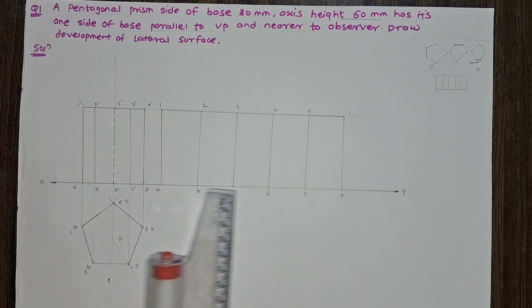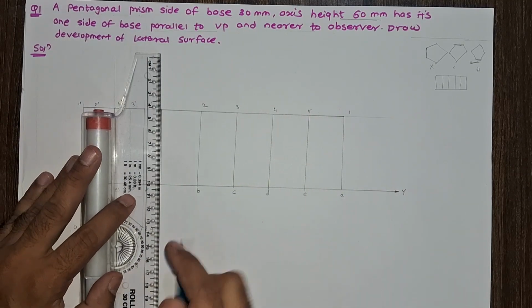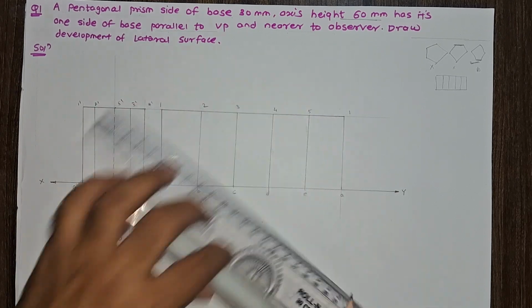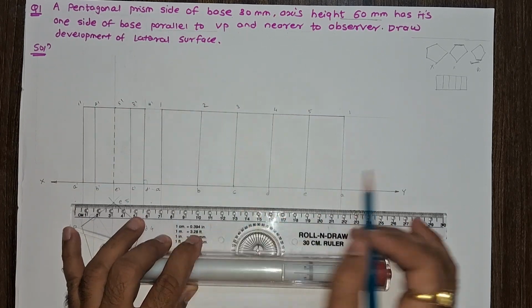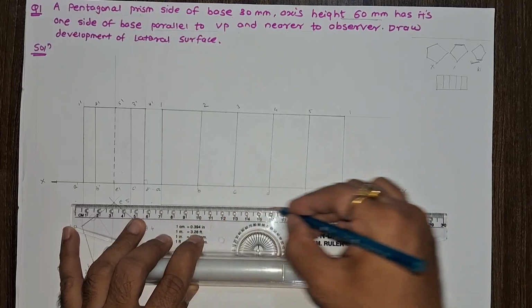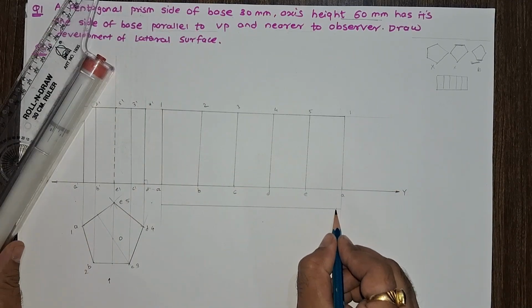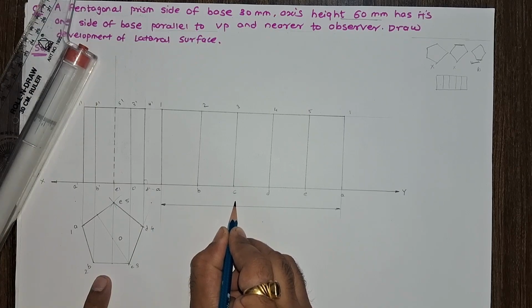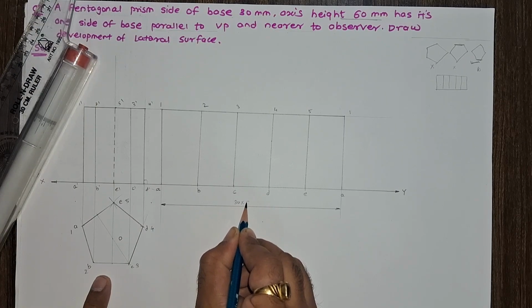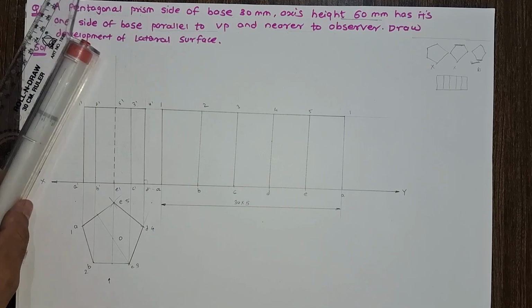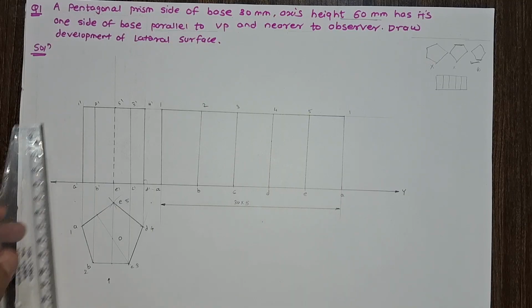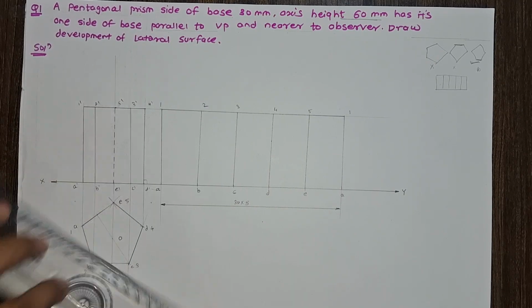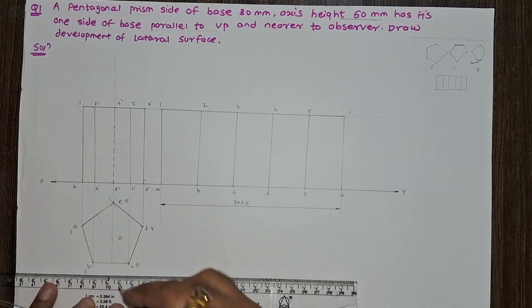So this is the development of pentagonal prism. Now give the dimensions. Extend the A line and draw the dimension line. So the edge of a pentagonal prism is 30. So 30 into 5 is the dimension of development of this prism. Base edge distance of a pentagonal prism is 30 mm.